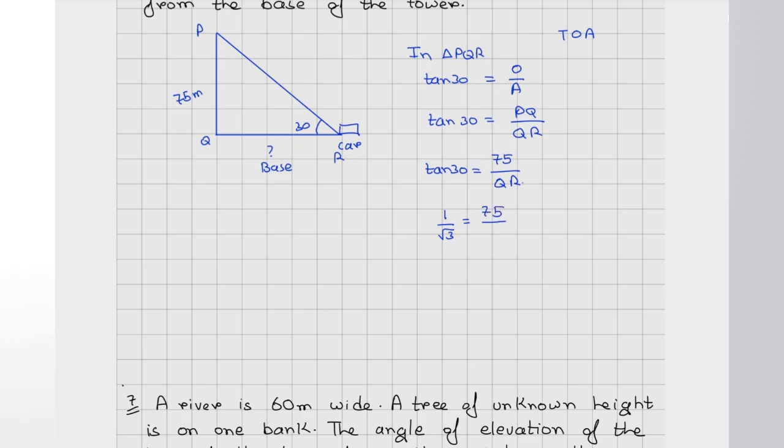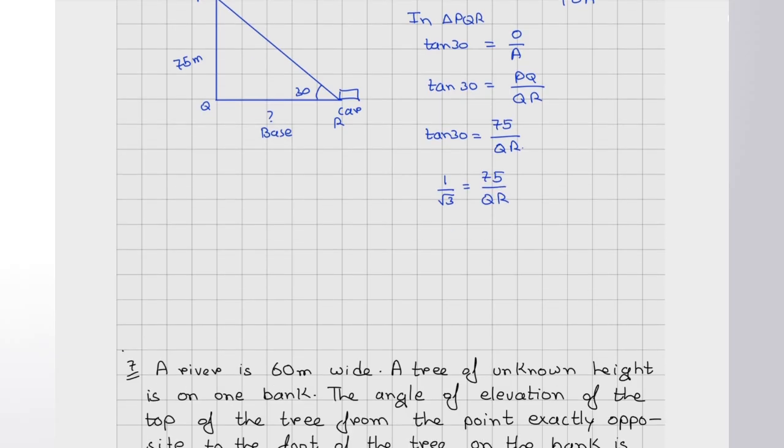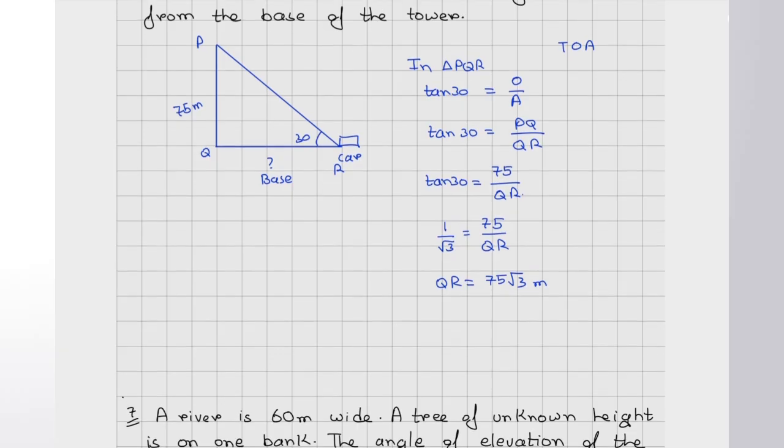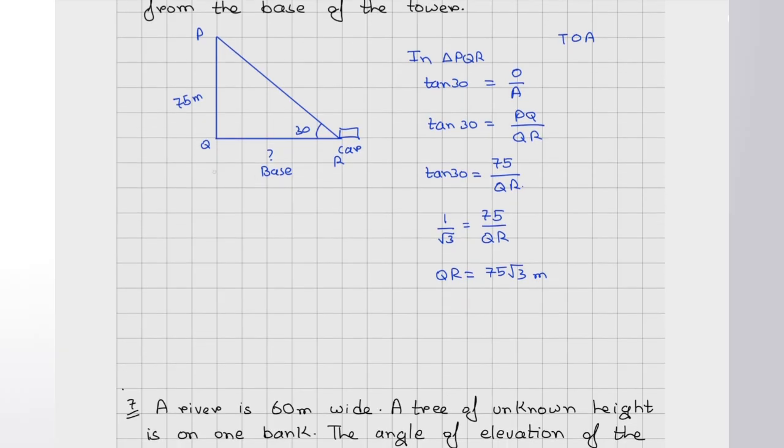So 1 by root 3 is equal to 75 by QR. Now we'll cross multiply. By cross multiplying we get QR is equal to 75 root 3 meter. So the distance is 75 root 3 meter.